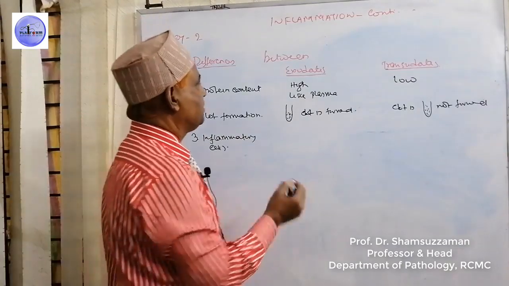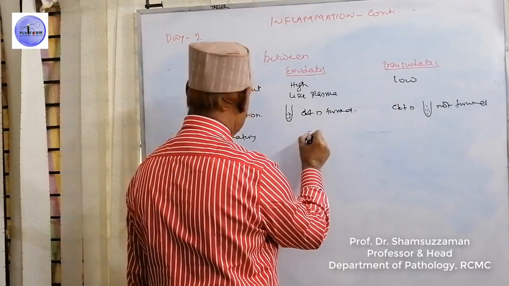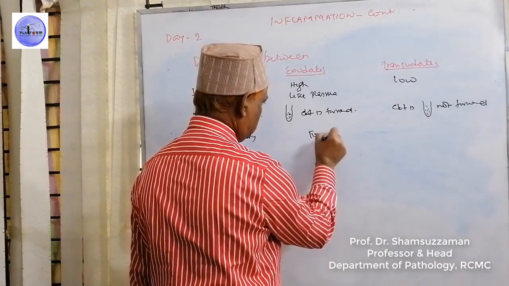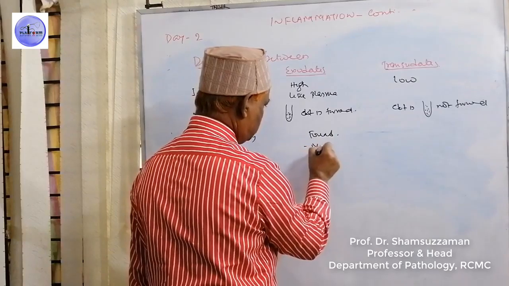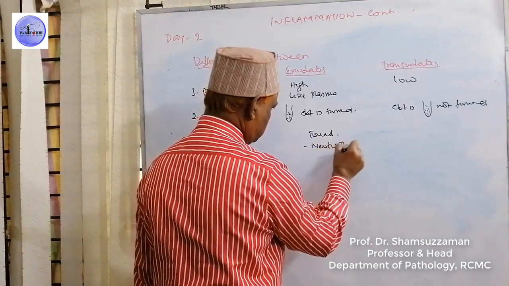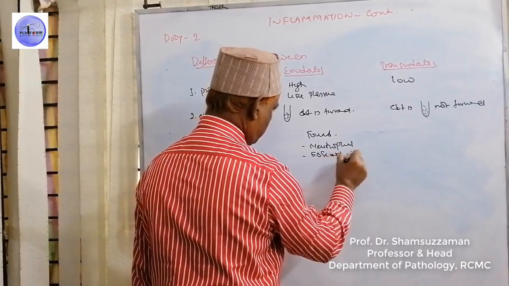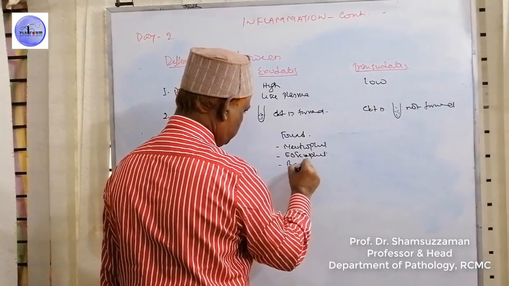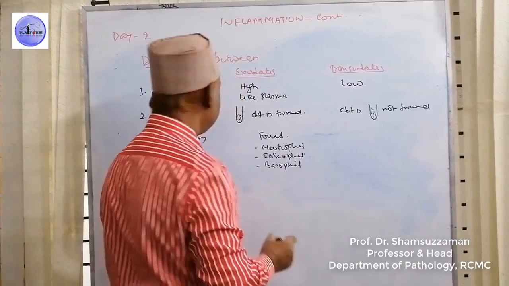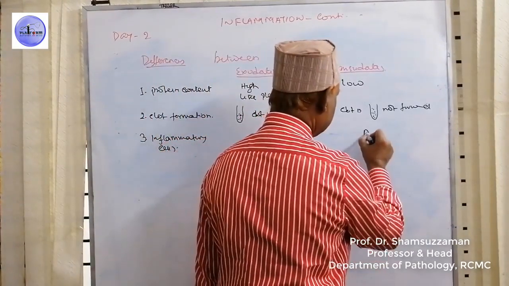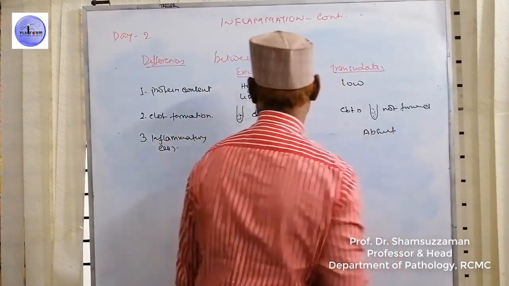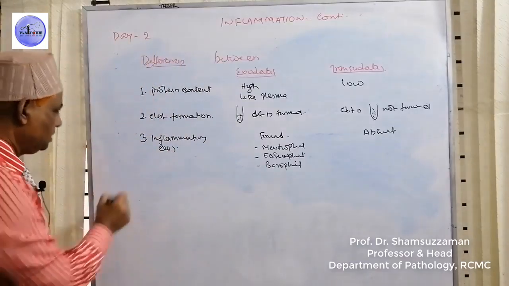So inflammatory cells are found in exudate, like neutrophil, eosinophil and basophil. But inflammatory cells are absent in transudate, while in exudate they are present.